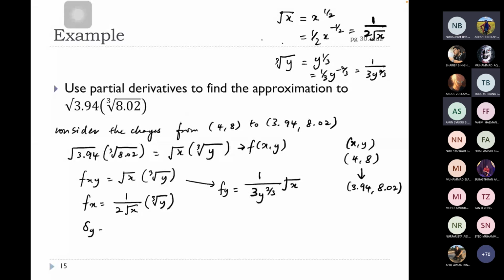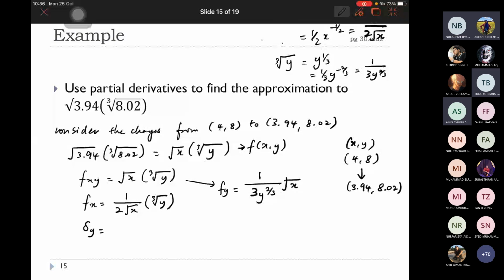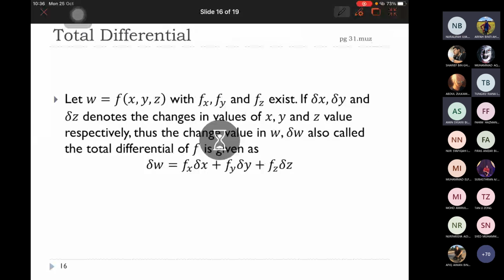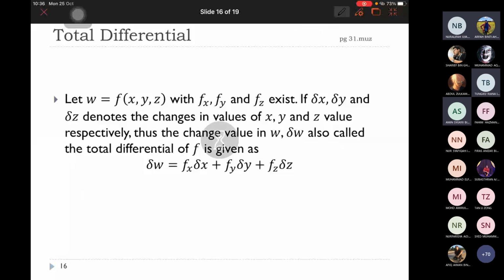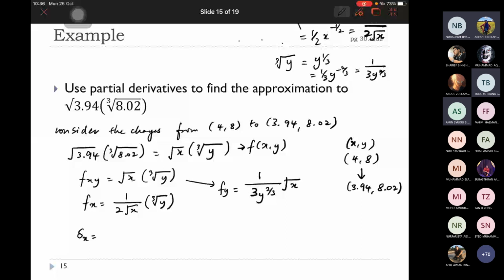Delta y akan sama dengan delta x. So delta x akan sama dengan perubahan bagi x, 3.94 minus 4, you will get equal to negative 0.06.